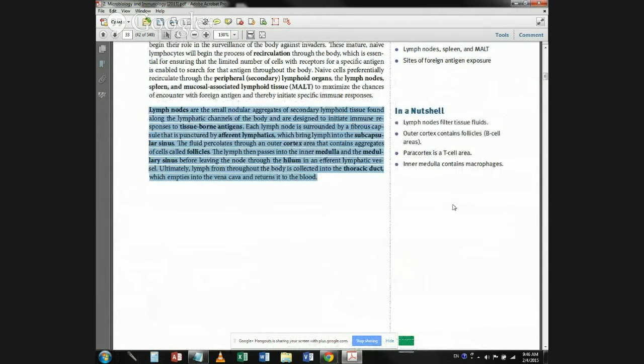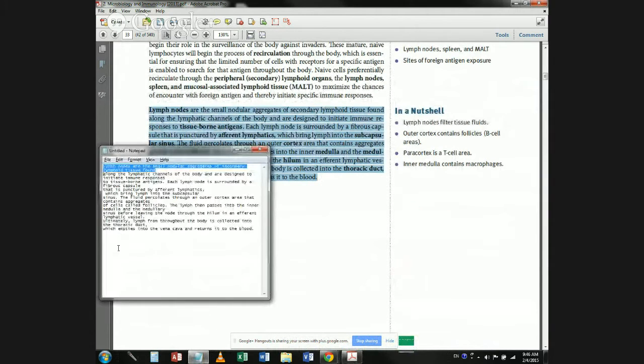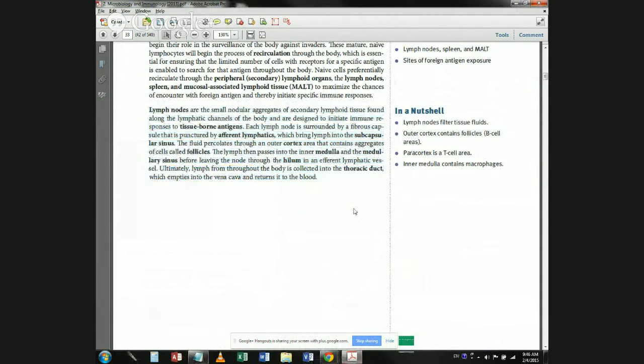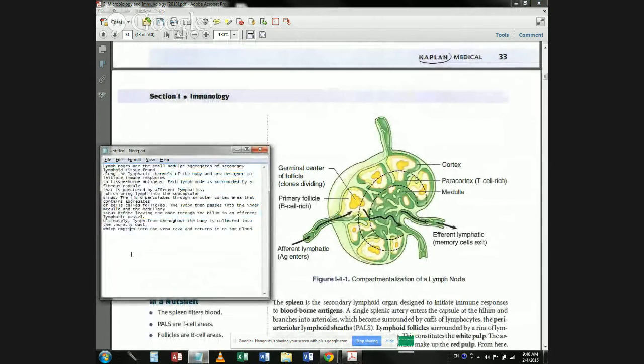So in a nutshell, lymph nodes, there it is, are small nodular aggregates of secondary lymphoid tissue found along the lymphatic channels of the body and are designed to initiate immune responses to tissue-borne antigens.